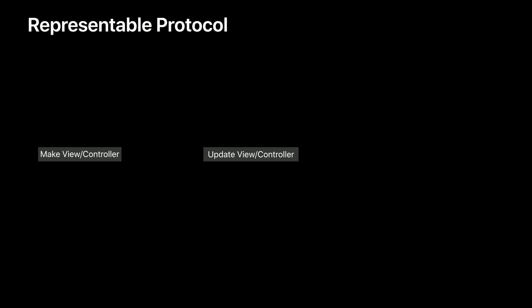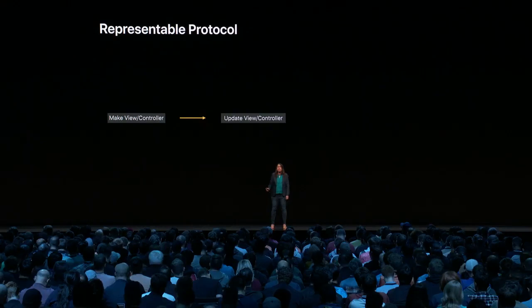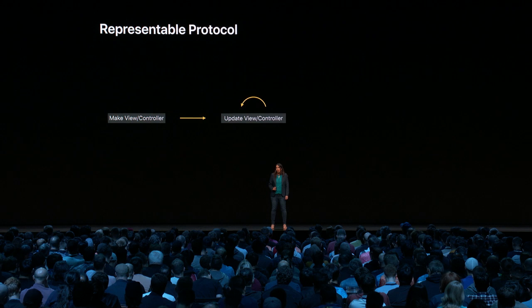And the update method is where you update this view to the current configuration. During initialization, the make method is called first, followed by the update method. The update method can be called multiple times whenever an update is requested by SwiftUI.